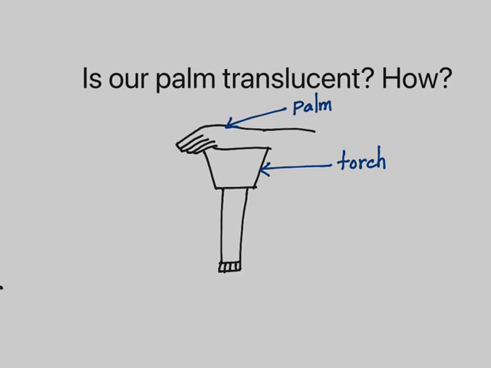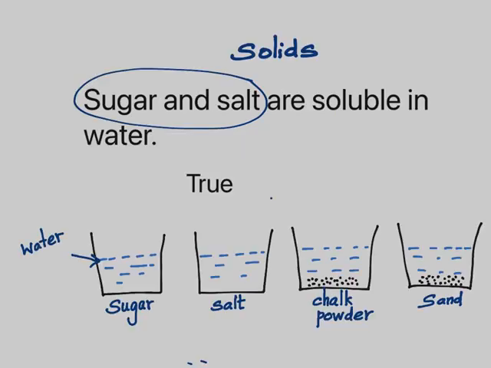You can see the light passing through it. The opposite of translucent is opaque. So in opaque, the object does not allow light to pass through.